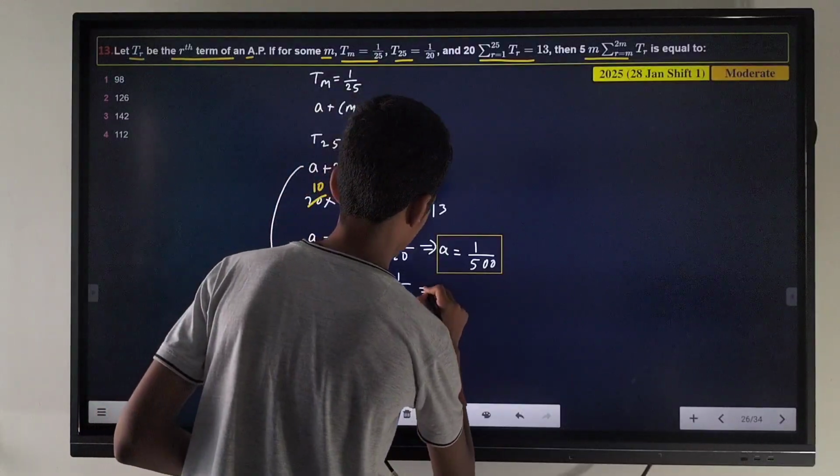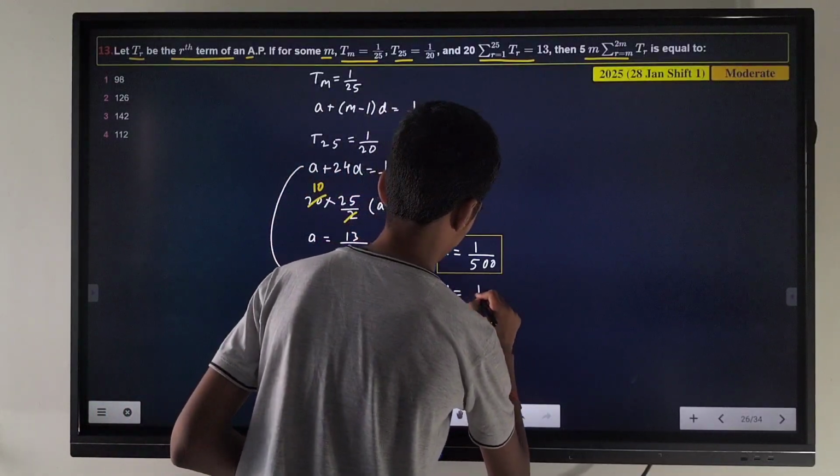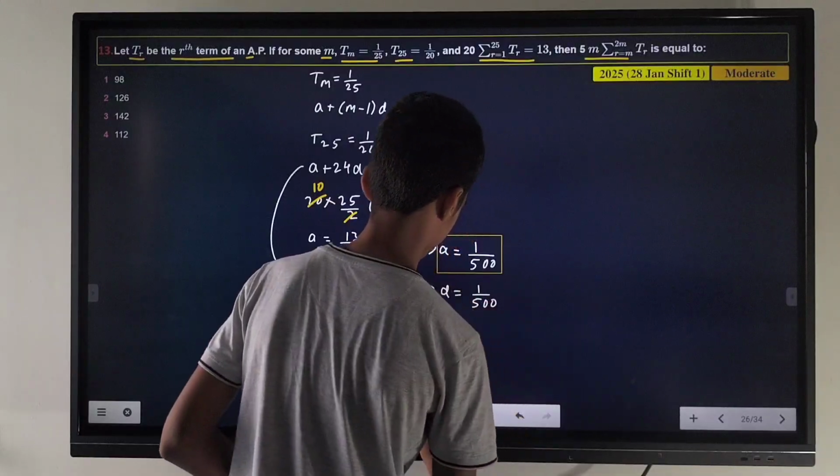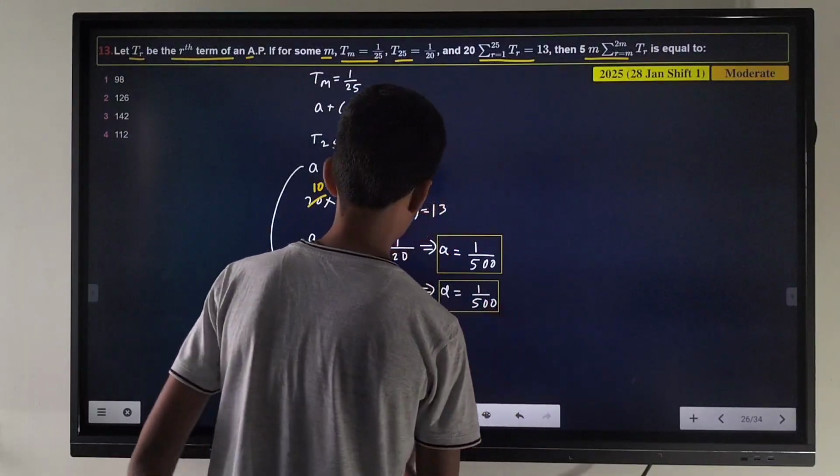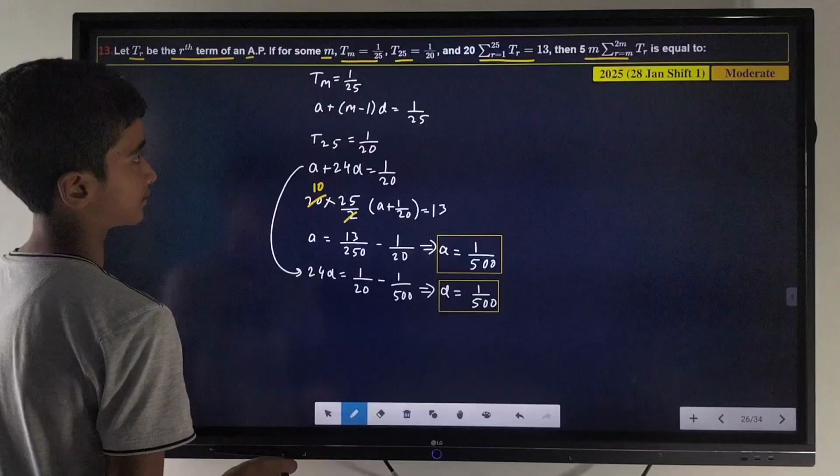So from here our D is also 1 upon 500. Our A is this and D is this.